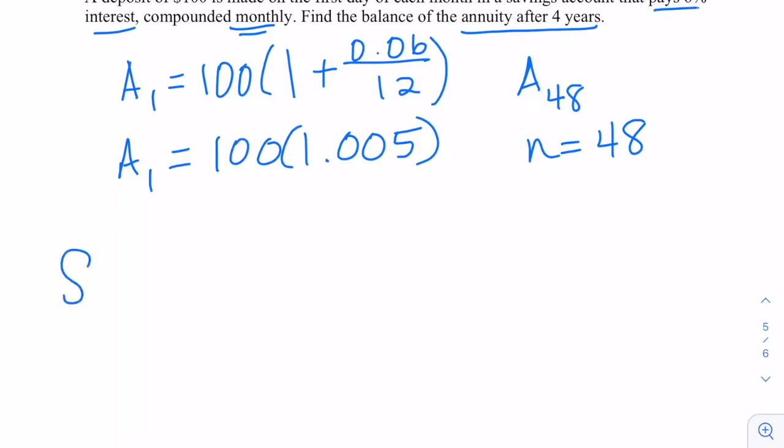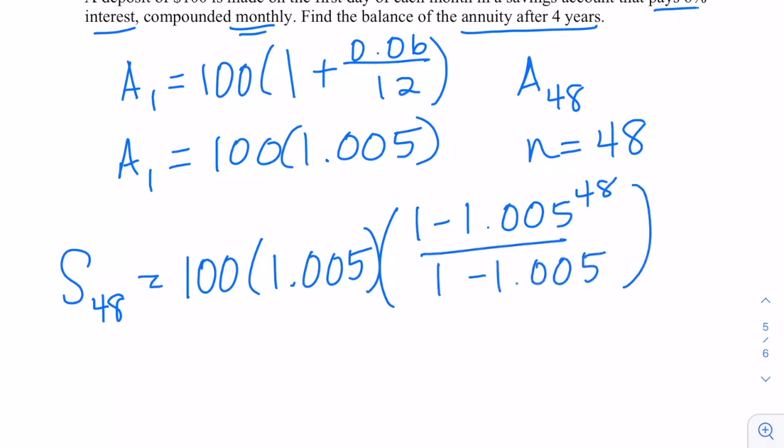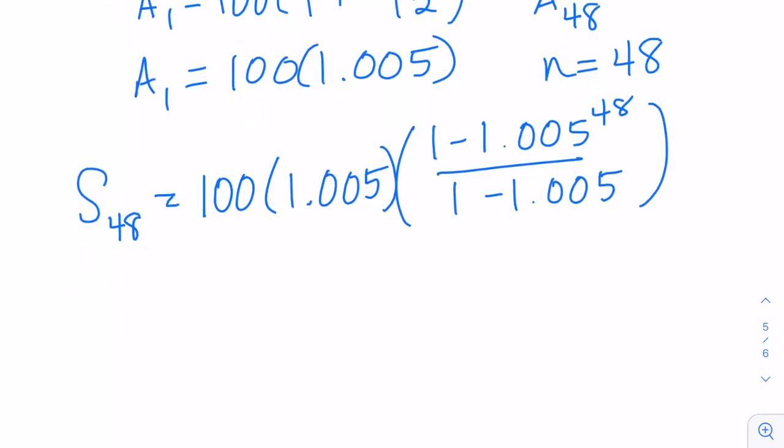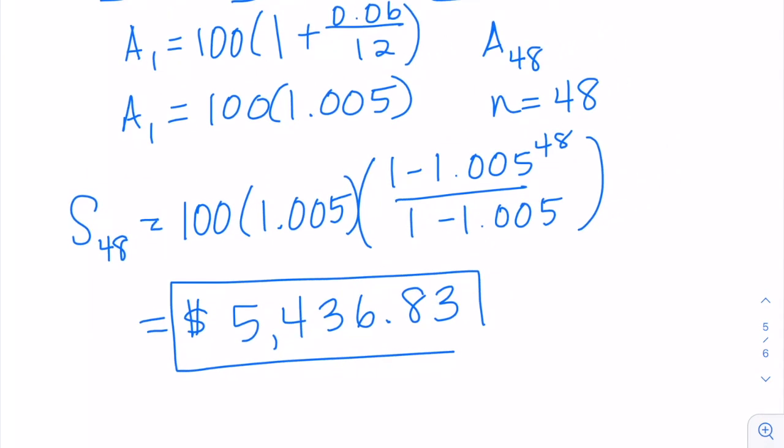So if we want to find the sum after 48 months, we're going to multiply that first term by 1 minus the rate raised to the 48 over 1 minus the rate, 0.005. All right, and when we put that in the calculator, we'll have $5,436.83. Okay, so hope that was helpful, and I will see you all in class.